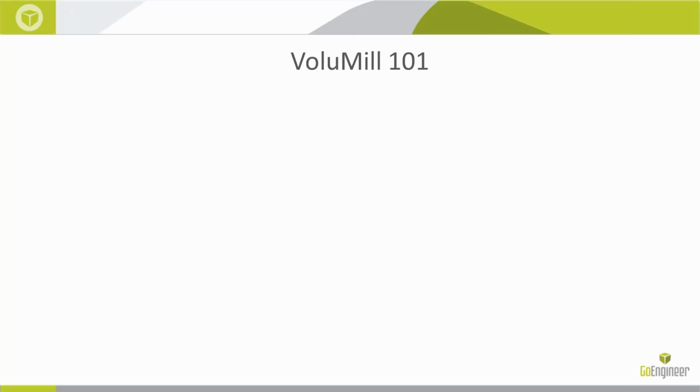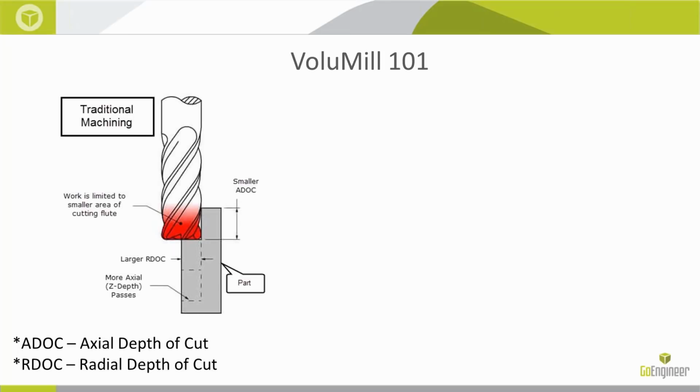If you're not familiar with VoluMill, it's a slightly different machining approach to removing material. With traditional machining, the focus is on a smaller axial depth of cut, and also the radial depth of cut, which would be your step over.